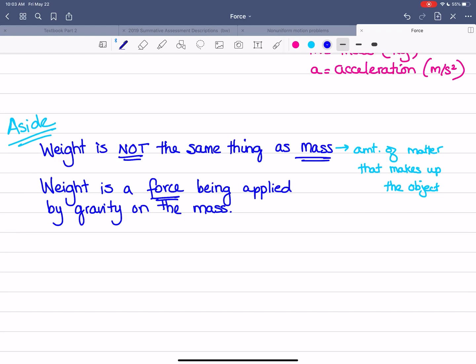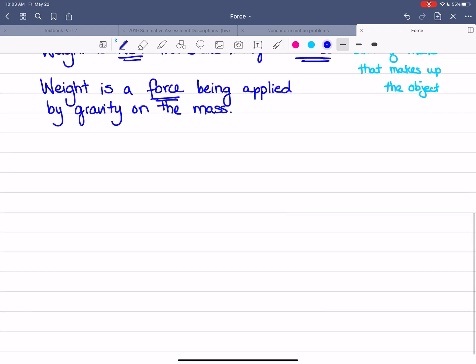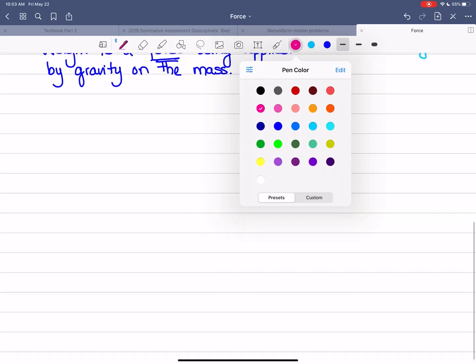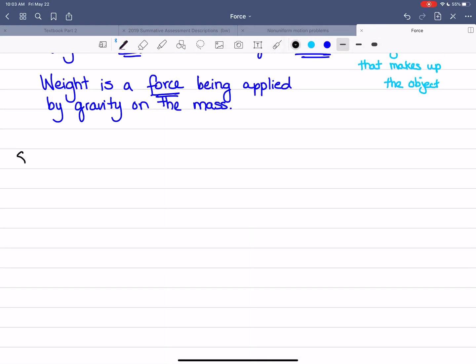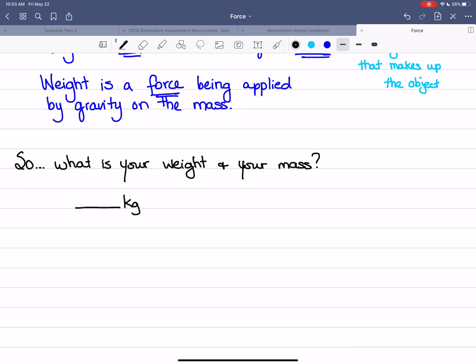What is your weight? Let's try an example. Let's do that calculation. If you were to jump on the scale right now, we would need your weight in kilograms.